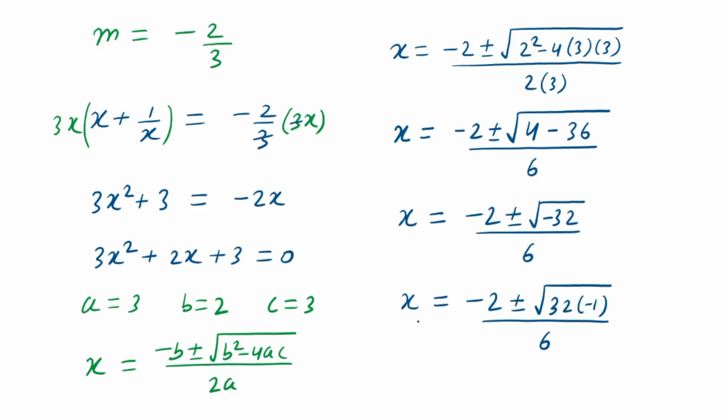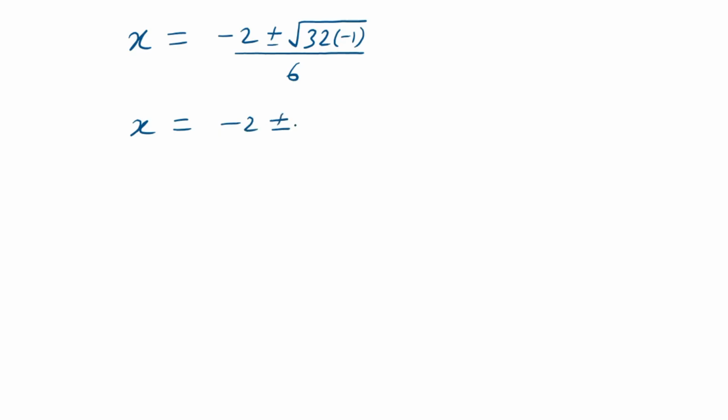On the right hand side we have x is equal to minus 2 plus minus square root of 32 times minus 1, over 6. Look carefully at this expression.